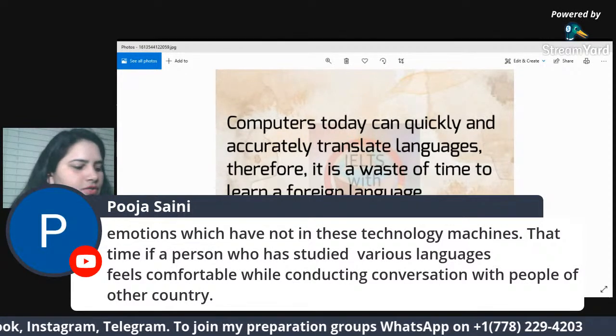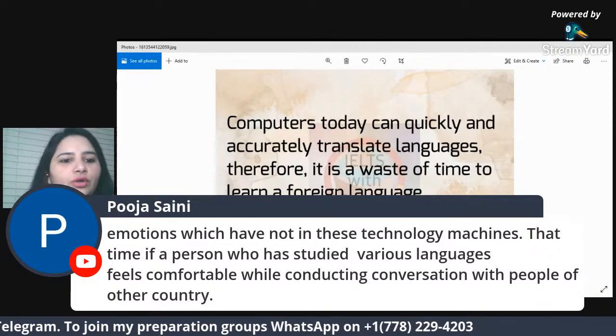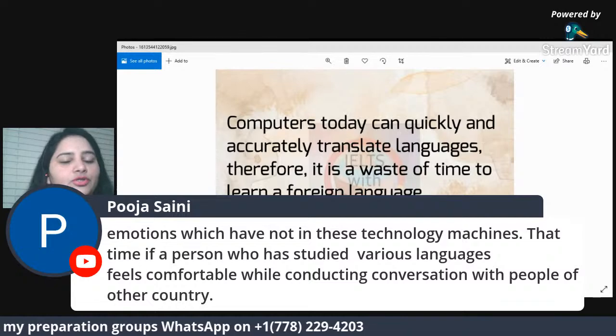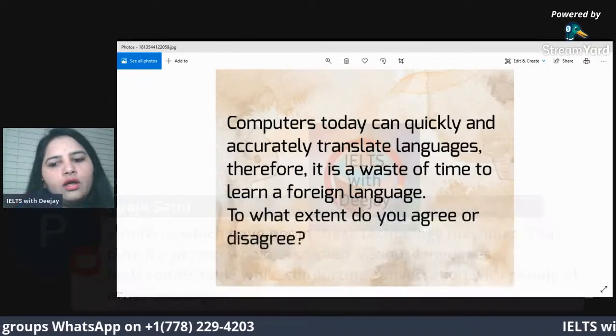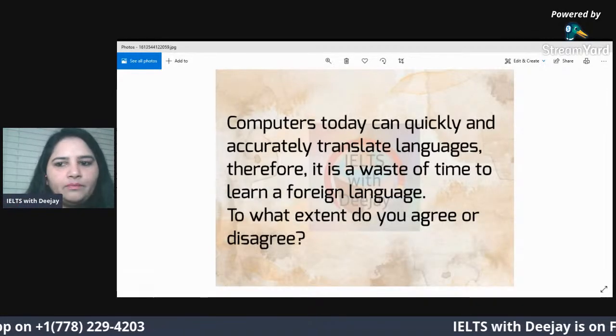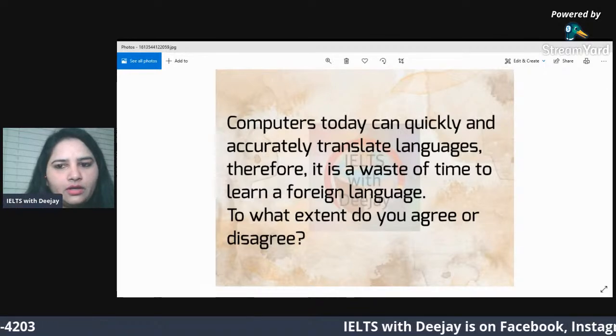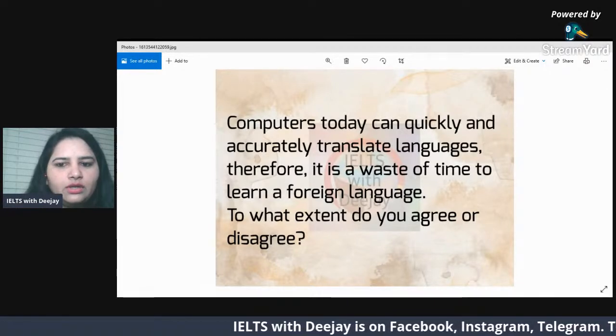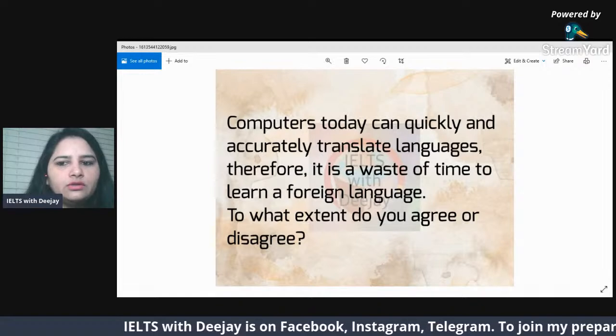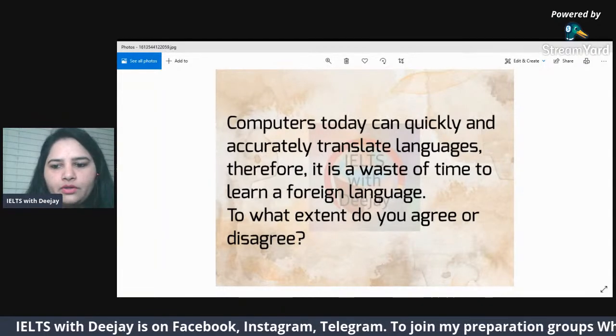This is a good one. This is what I was saying, that your main idea and example should be in sync. And your example is perfect, Pooja. It is going with your main idea because your main idea was that only, that we need to learn. Where is your main idea?